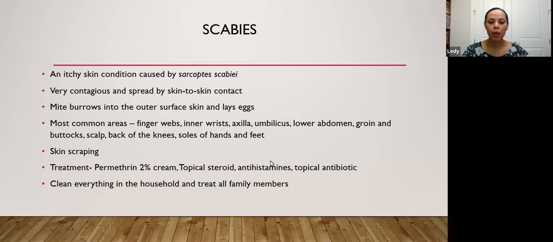So I tell them, we got rid of the scabies, but the body's still trying to fight off that allergic reaction. That's going to take a little bit of time. So even though the baby's still scratching, I reassured the parent that it's not from the scabies anymore, but from that hypersensitivity that the scabies gave them.